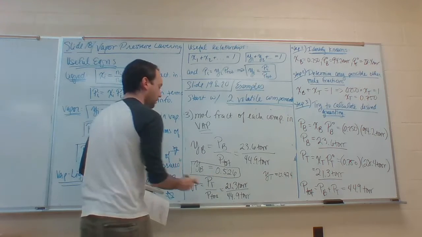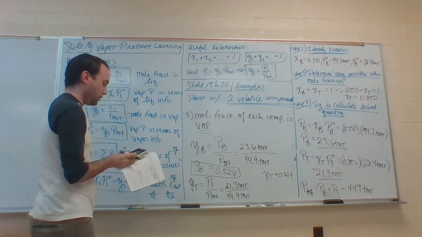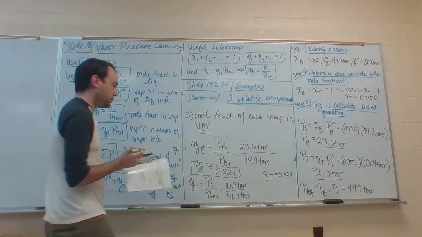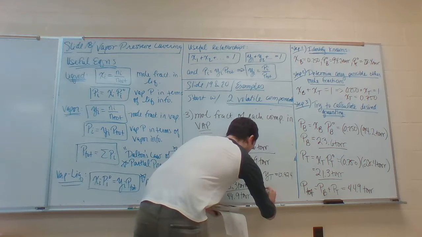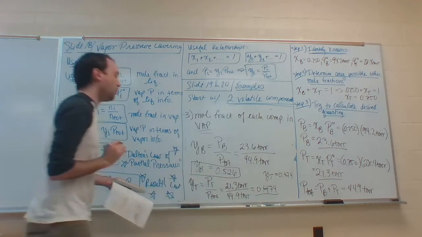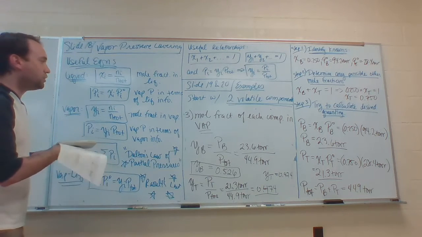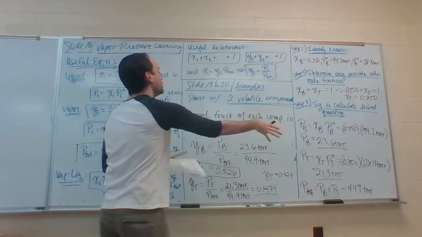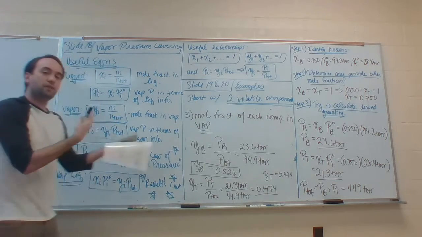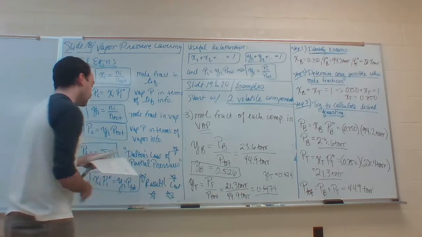And if I plug in my 21.3 divided by 44.9, that gives me 0.474 as my mole fraction for toluene. As you can see, there's a systematic way to use each of these equations to find different components of our vapor-liquid equilibrium.